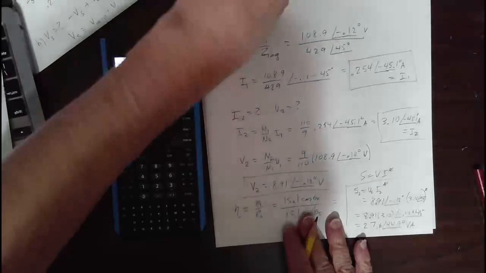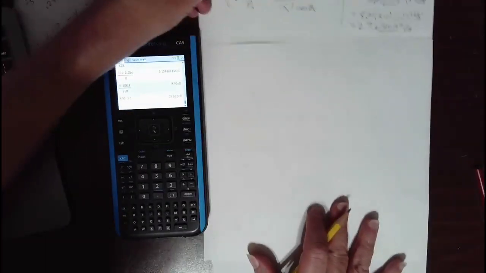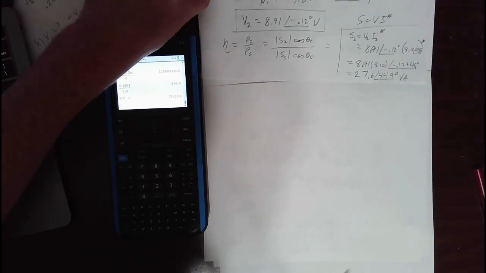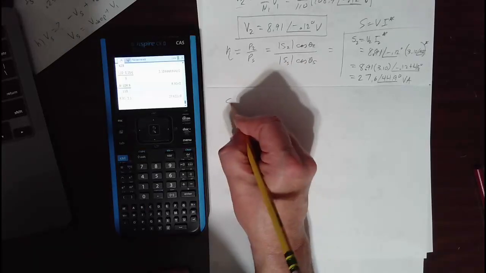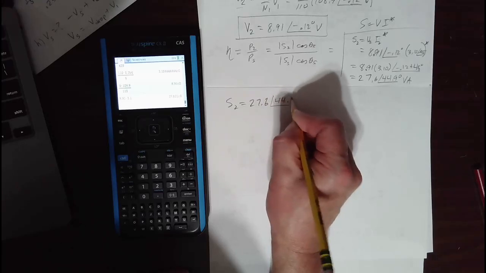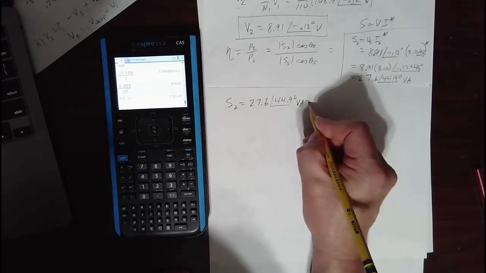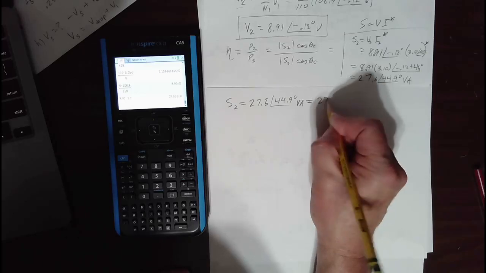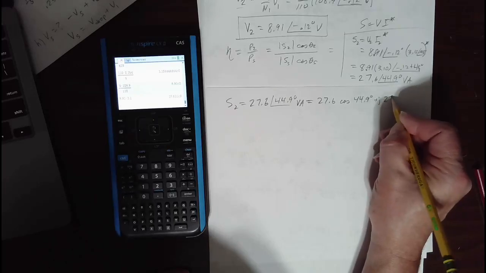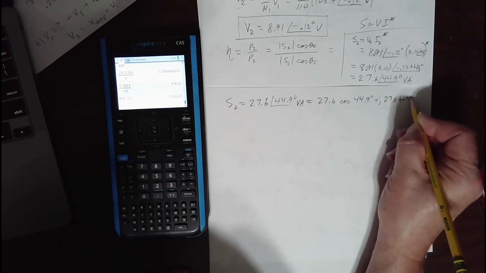VA, we need more paper. Okay. Let's convert that to rectangular. So S2, I'll just write it again, 27.6, angle of 44.9 degrees. If we want to write it according to Euler, 27.6 cosine 44.9 plus J 27.6 sine 44.9.